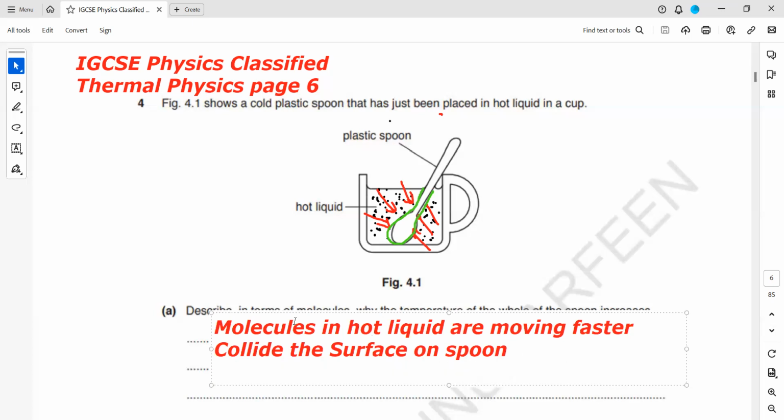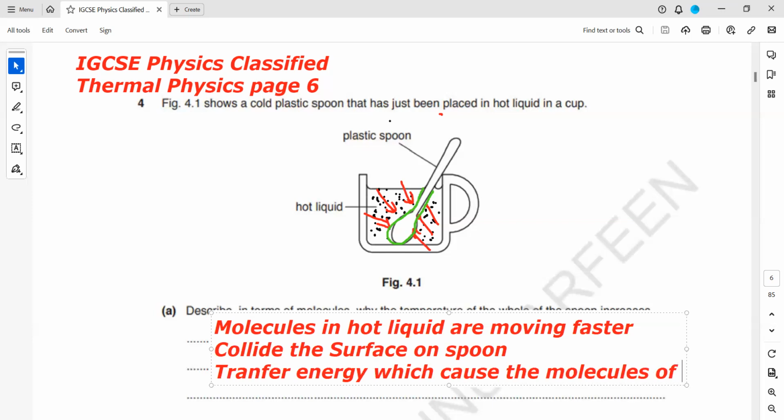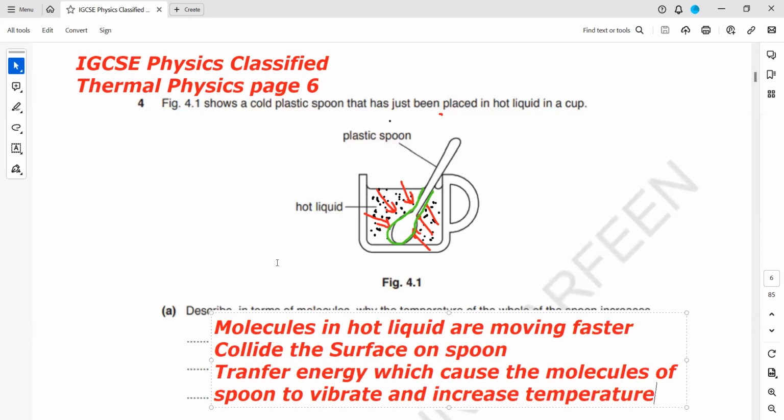When they collide with the surface of the spoon, they will transfer energy, which causes the molecules of the spoon to vibrate and increase the temperature. So it's how many marks? 3 marks are there.